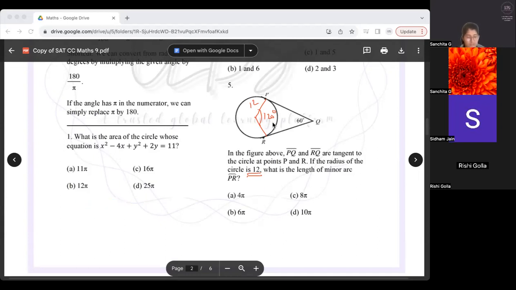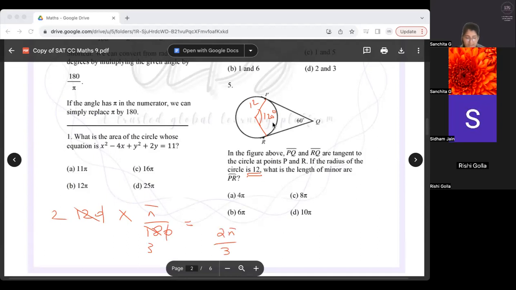Think about it, guys. 120, let's do it together. I need to get the pi, so pi over 180. Are you with me? So what do I have? 6 3s are 18, 6 2s are 12, so 2 pi by 3.